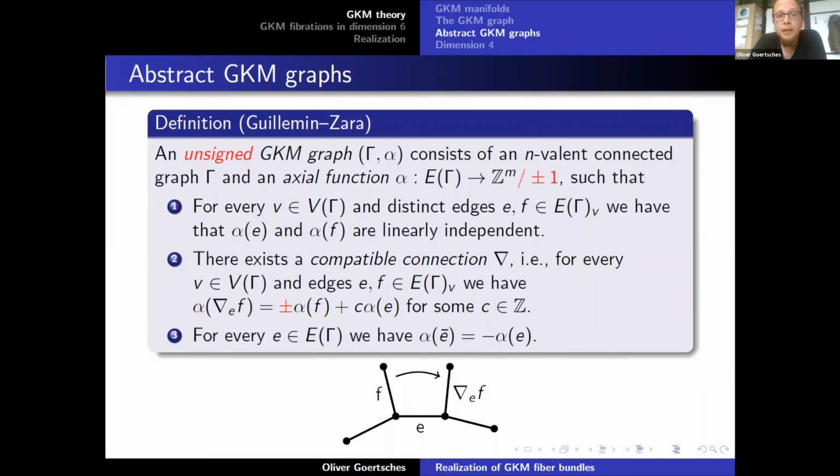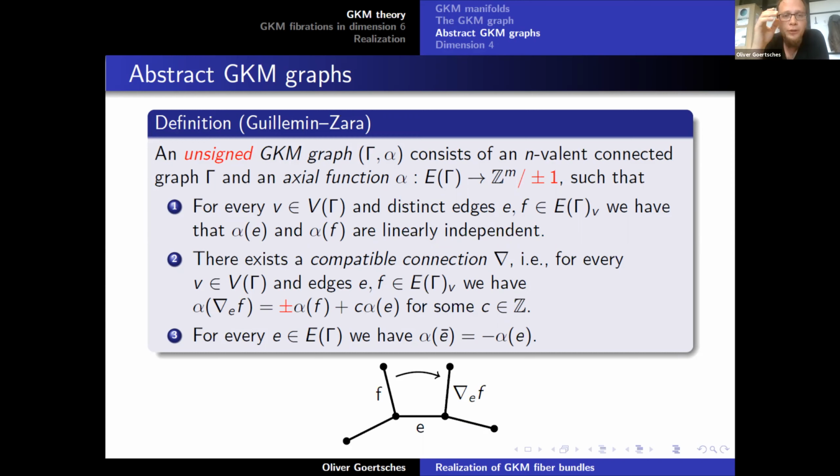Right, so let's read this with the red words, then we model the situation without complex structure. And we talk about an unsigned GKM graph, if one wants to emphasize this. We just take an n-valent connected graph and a labeling, which is then usually called an axial function in their terminology. What does it do? So it associates to any edge something that might become the weight of some representation.